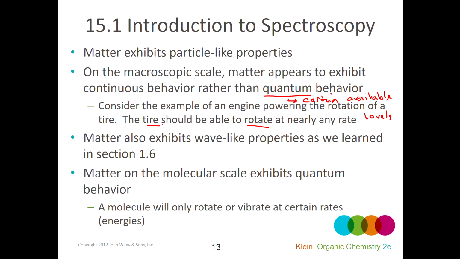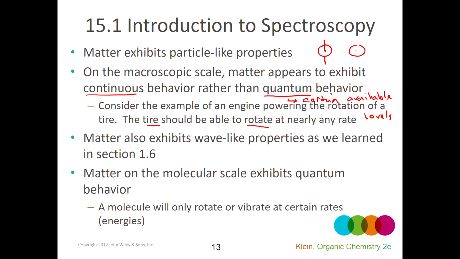There's no unavailable speed. So that is not a quantum behavior. That is a continuous behavior. But molecules rotate or vibrate or behave in a quantum way rather than a continuous way. So we know that, for example, when I rotate the bond between two carbons, if I have methyl groups that are anti to one another, that's a specific quantity of energy associated with that rotation.